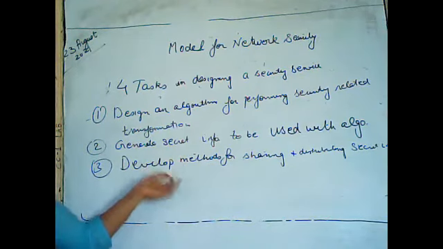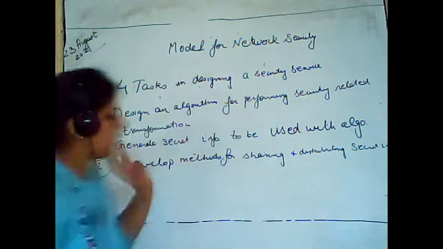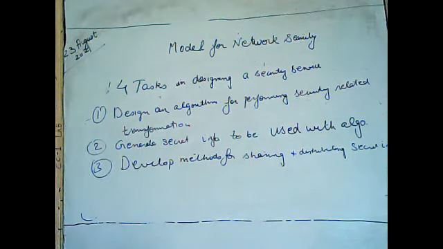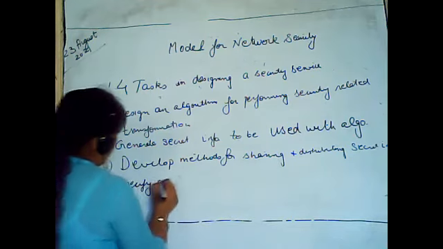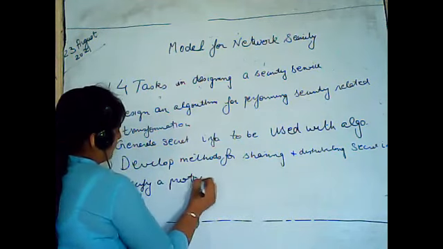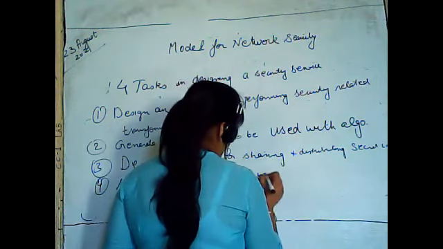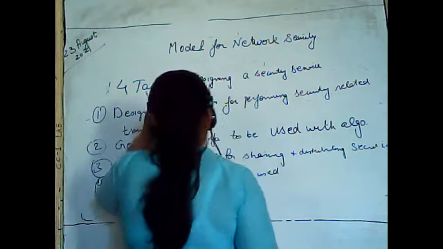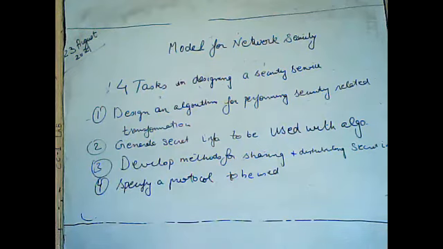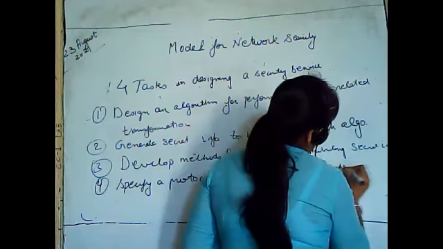We need to develop methods for how we can share and distribute that secret information. This is the third task that we require. And the last part is that we require to specify a protocol to be used. Okay, so we have to define a protocol to be used between sender and receiver.